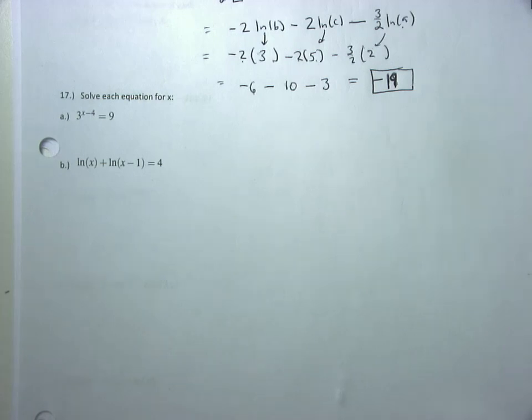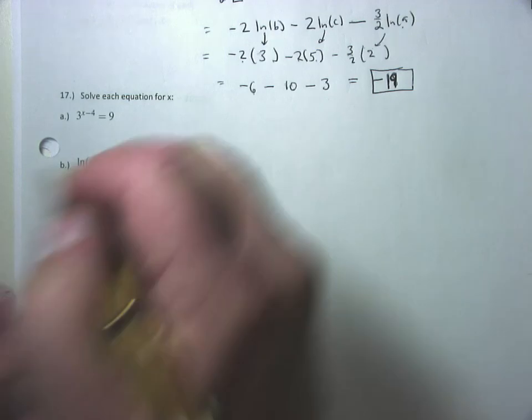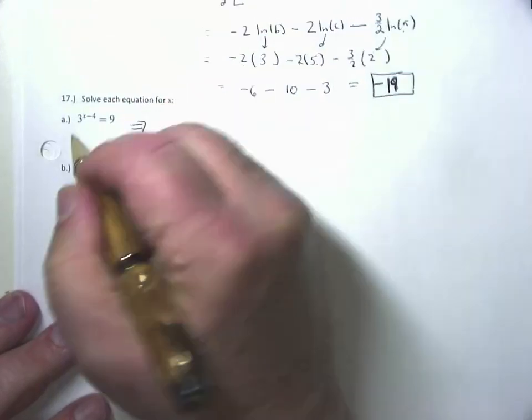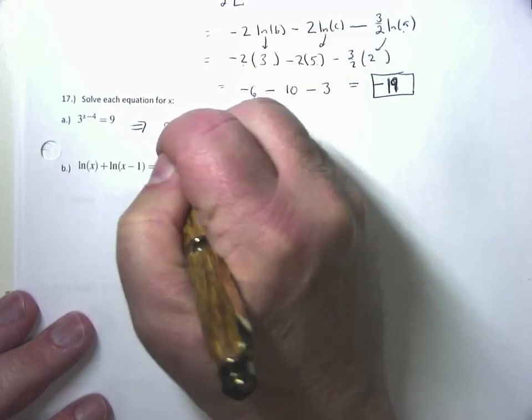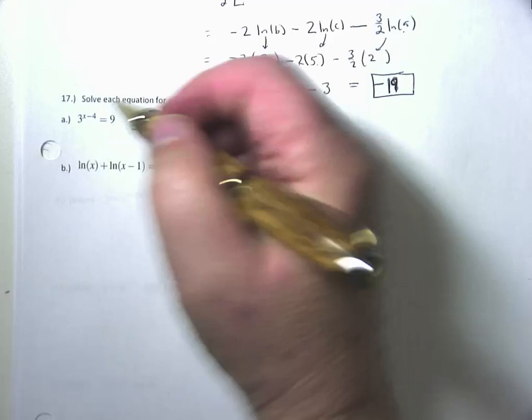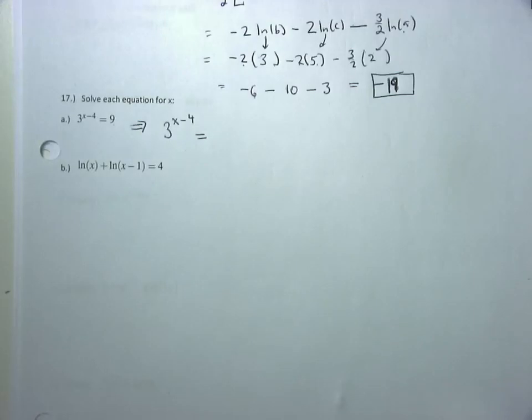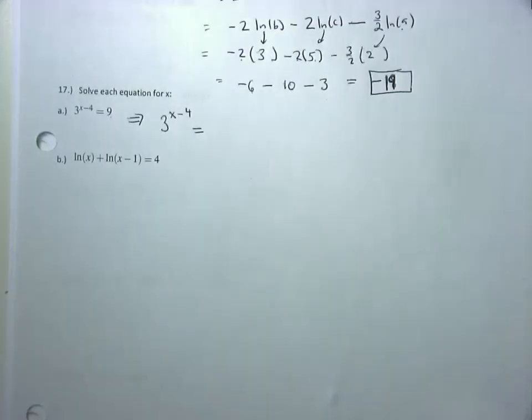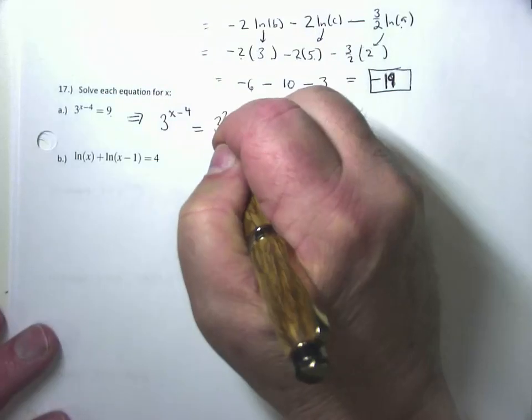If you can rewrite your equation in terms of the same base, when the bases are equal, the exponents have to be equal too. Take a look at this. I got 3 raised to the x minus 4 equals 9. But I can break down 9 in terms of base 3's. What's 9 equal to? 3 squared.